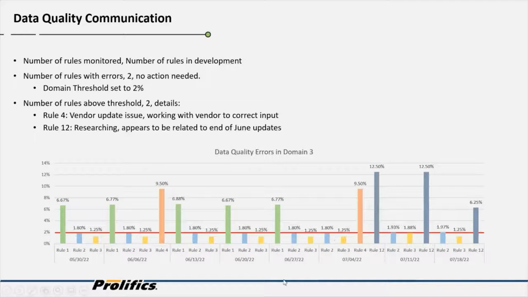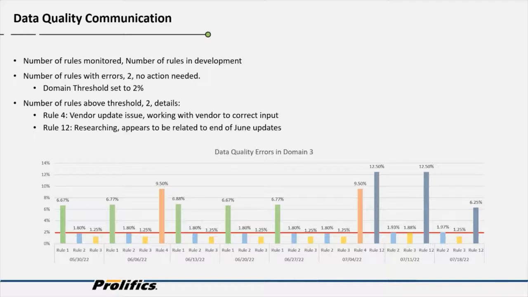If you have rules that you're not going to do anything with, and a lot of organizations say, look, if my data quality is such that less than 2% of my data in a specific data column is an error, I'm not going to mess with it. Your results may vary, your organization may have different needs, but I show that as the red line on the graph at the bottom of the screen. And so we've got rules, they have errors that are showing, but we're not going to do anything with them. We also have rules that are above that red line, and there's an issue.